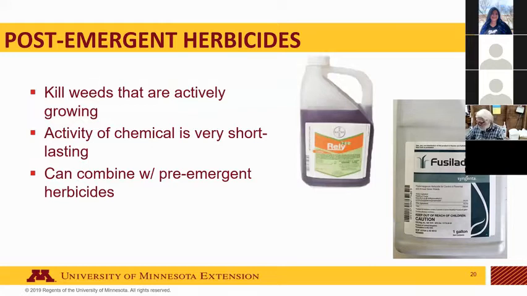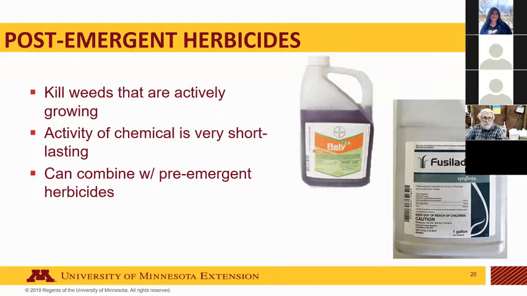So I'll go through some details on post-emergent herbicides first. I'm not going to be going through a lot of product comparisons today. That's not really the mission of the presentation, but these are a couple of examples that you see here. What post-emergent herbicides do is they're designed to kill weeds that are currently growing.